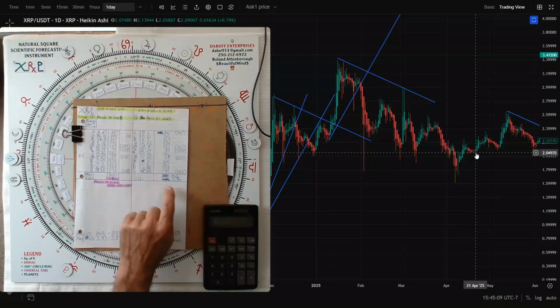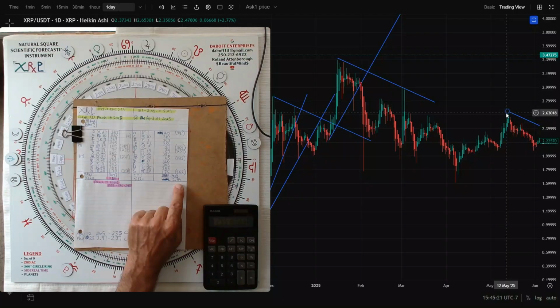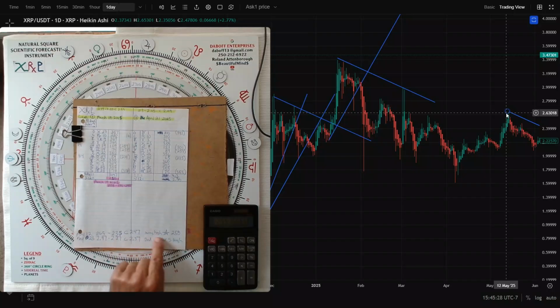And what were we saying it should average? 255. Well, 255 was not achieved right away on the next few days. However, it started creeping up, and by May 12th, it was 258, as I marked it down here. It actually closed at the swing high just under 258 here.